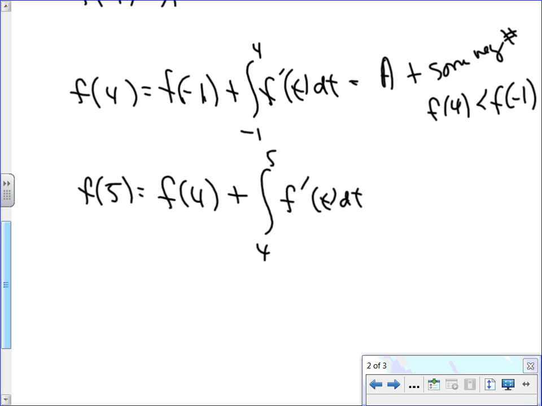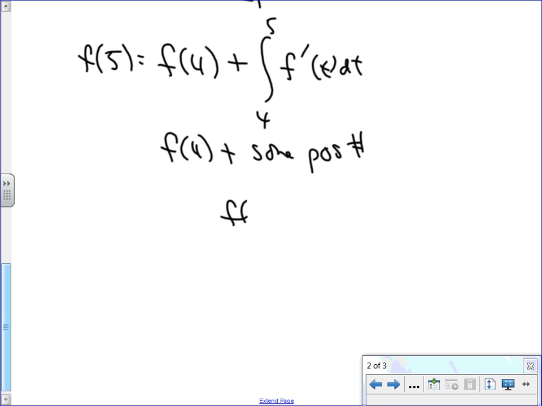Is it positive or negative? It's positive. So f of 4 plus some positive number. Or you could say, since f prime from 4 to 5 is positive, then f of 5 must be bigger than f of 4. So I've got f of 5 is bigger than f of 4.